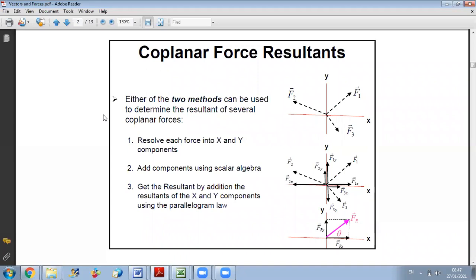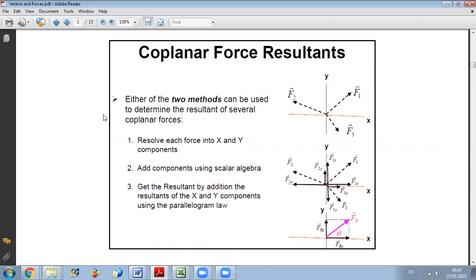But once I have done the big work of finding all components of forces, it's easier to use the analytical method, because once I have the components, I can easily find the resultant force and the angle, and you will see how.